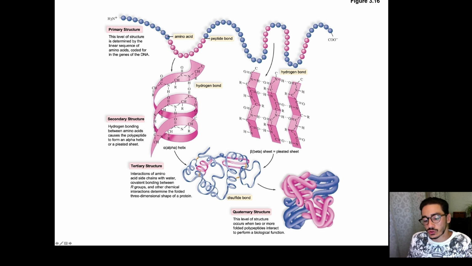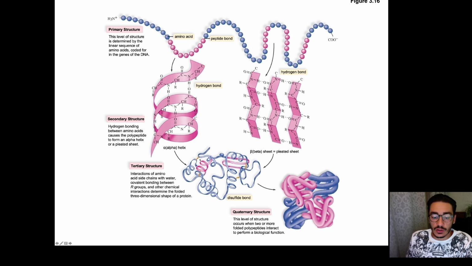The quaternary structure is a more complex protein, and the tertiary structure is a little bit simpler. Tertiary structure proteins have a very specific 3D shape, and this specific 3D shape has a specific function. So the function comes from the shape and the different types of amino acids.